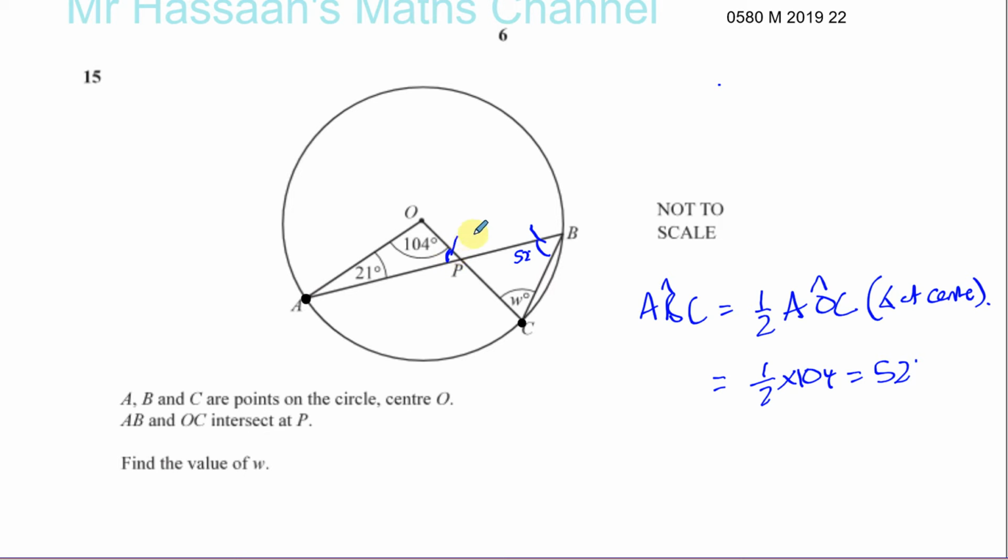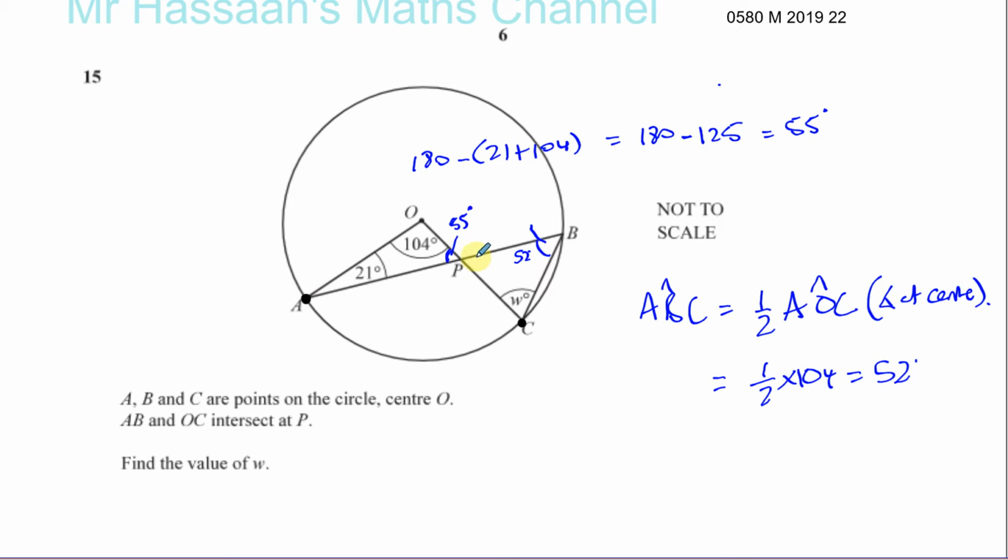This angle here is going to be 180 minus the sum of these two angles. 180 minus 21 plus 104, which gives you 180 minus 125, which is going to be 55 degrees. 55 plus 125 is 180. Right, that's right. So that's 55 degrees over here.